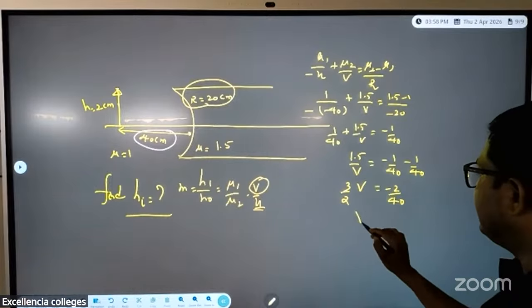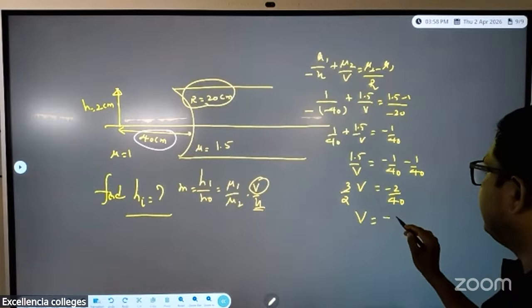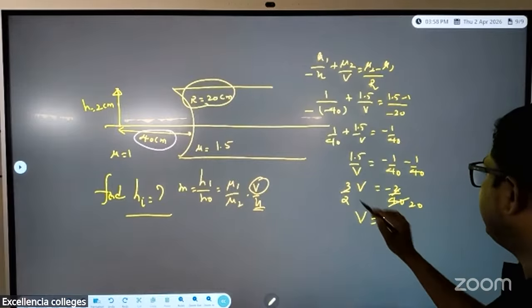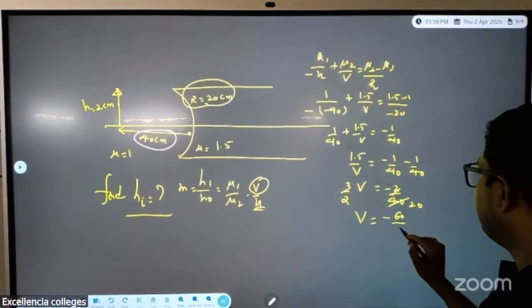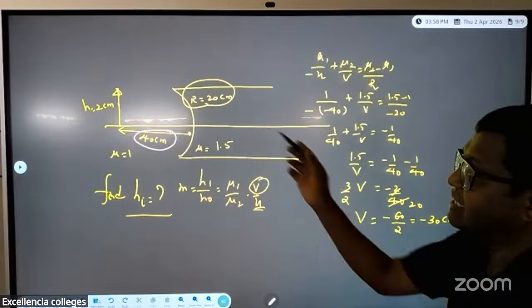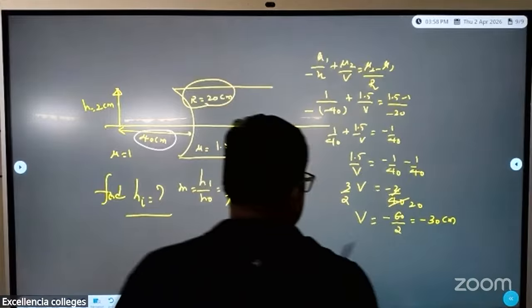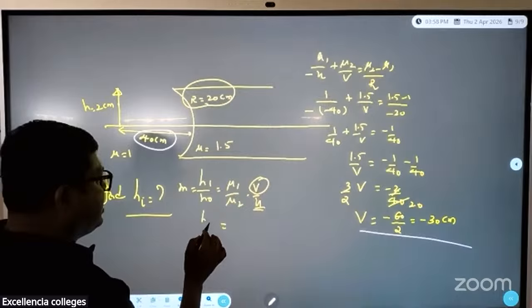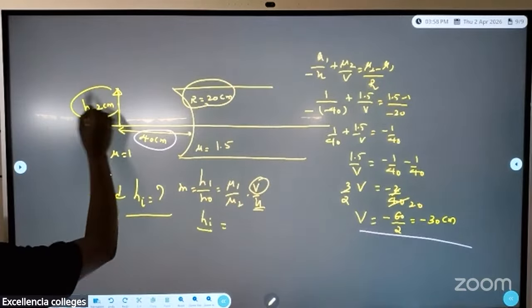So we can see that the value of v comes out to be minus 20 times 3 divided by 2, so that will be minus 30 centimeter. So minus 30 is lying on the same side. So directly we can take this value and put it here. So this will be mu1 by mu2 times v by u into height of the object, and height of the object is 2 centimeter.